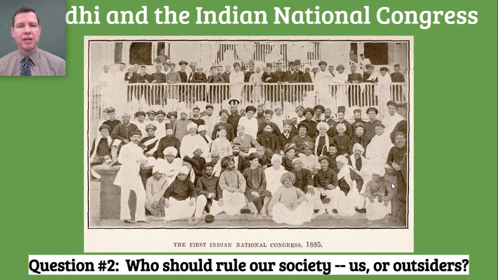They had formed, and they were nationalists. It's called the Indian National Congress. They were nationalists. They were seeking to gain greater rights of self-government for Indians in the Indian subcontinent.